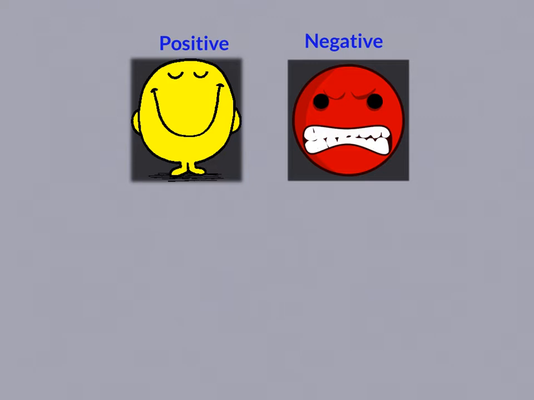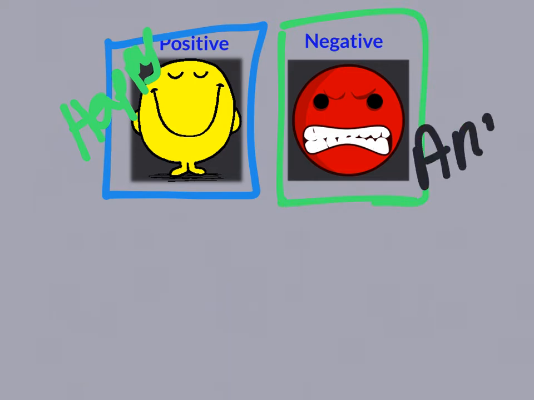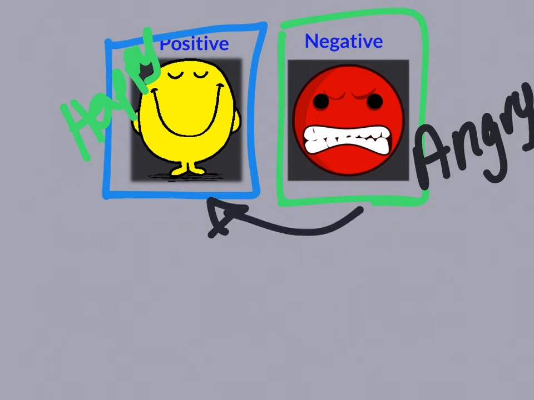Next. Now we've got our happy friend over here. And let's think about our happy friend over here with our angry friend. What happens to the angry person when they're subjected to the happy person all the time? They get more and more angry.